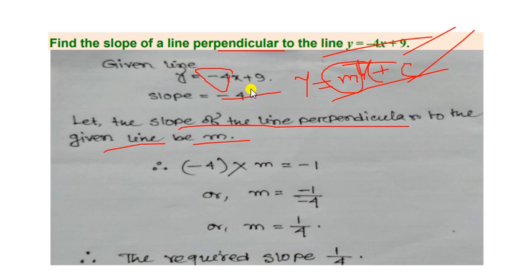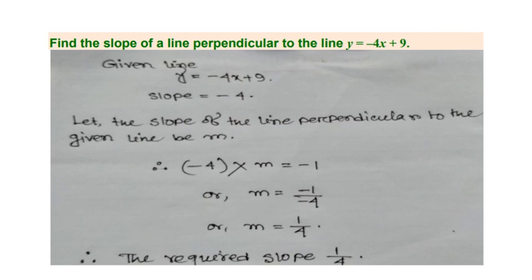This is one slope, minus 4, and the required slope I consider here as m. So this one into this one is equal to minus 1. The product of these two slopes, minus 4 into m, is equal to minus 1. So if you calculate it, minus 4 will come to this side, so m equals 1 by 4. Is it clear? So for perpendicular, it is necessary to write down that the product of the slopes is equal to minus 1. We can find the value of the slope from there.